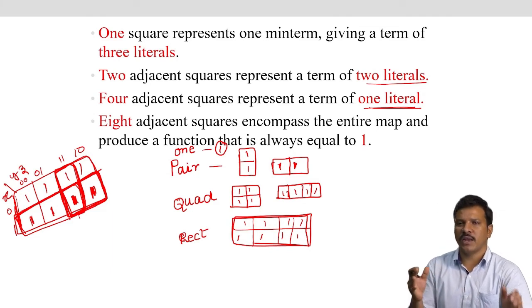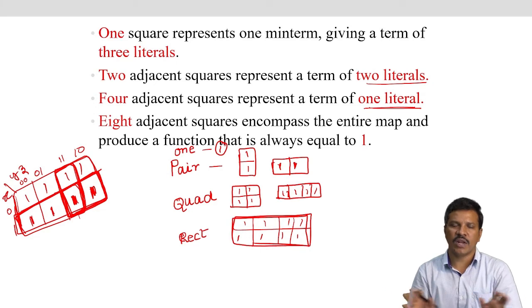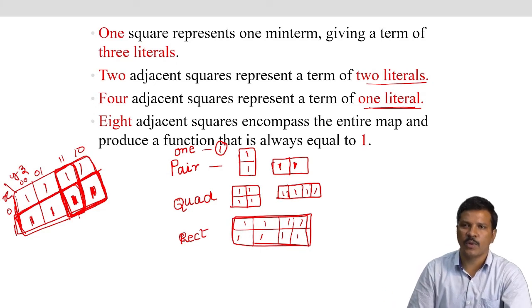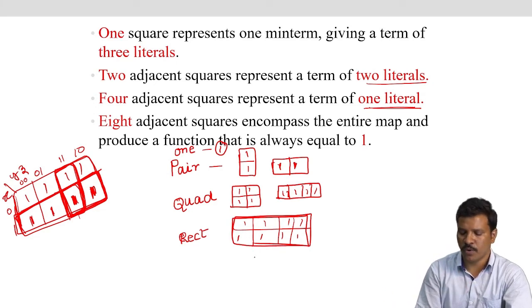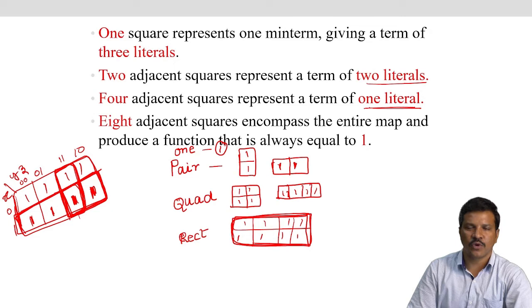Likewise, with all minterms interrelated, it is possible to minimize everything, all variables cancel together, and you will get logic 1 in the output. So if we have all ones in the 8 square boxes, then the answer should always be logic 1.